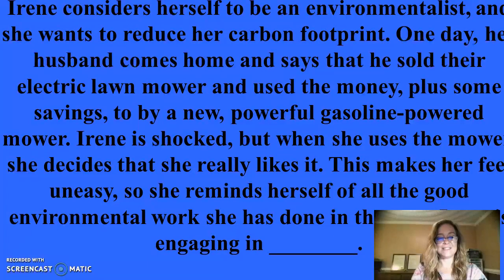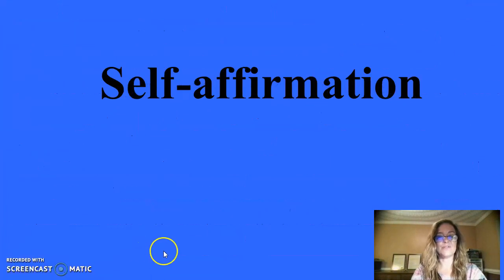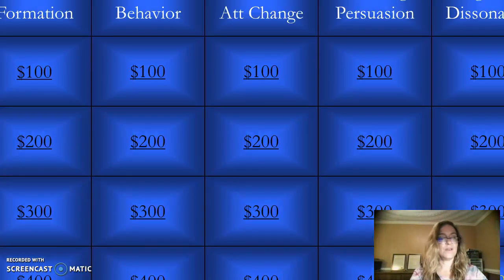This makes her feel uneasy, so she reminds herself of all the good environmental work she's done in the past. Irene is engaging in what is self-affirmation. Self-affirmation refers to the tendency to respond to a threat to one's self-concept by affirming one's competence in another area that's different from the threat.